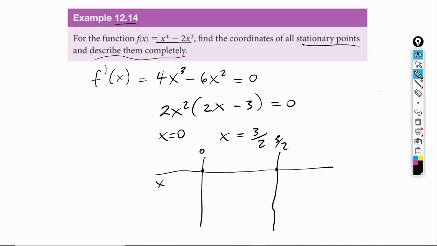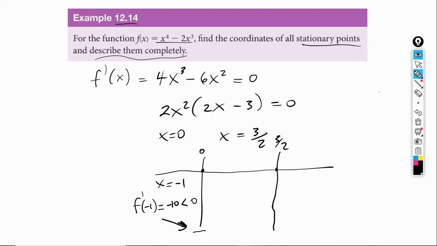So let's try with a value less than 0. Let's say x equals -1. If we plug that into the derivative, notice that we're going to get -10, and that is less than 0. That means that here the function is decreasing. Then it gets to the stationary point 0.